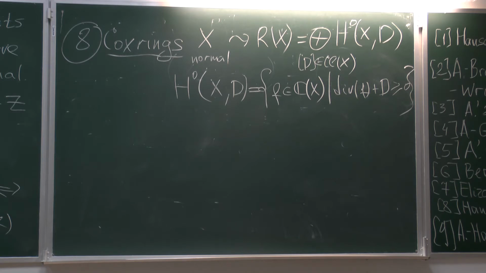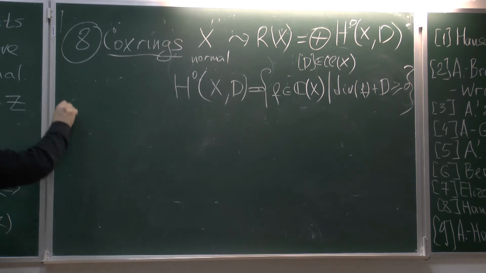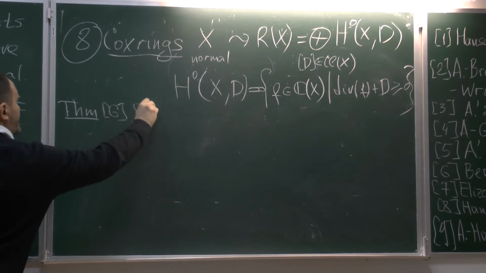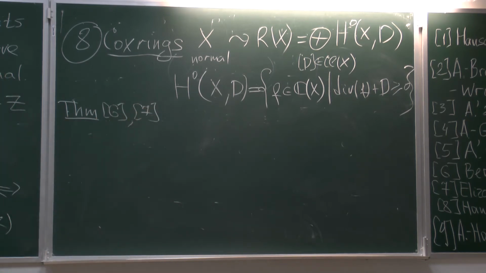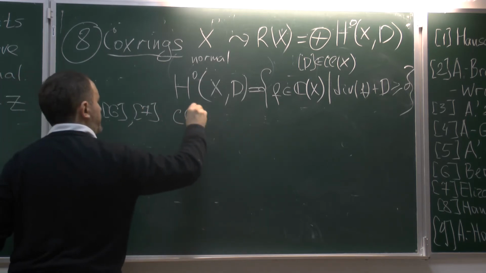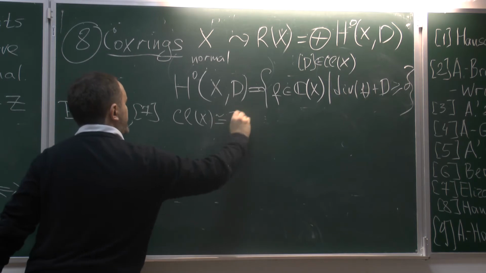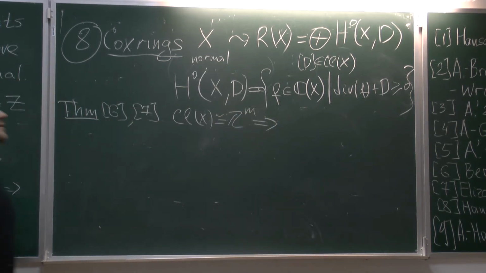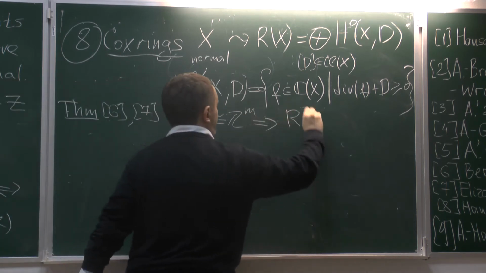And we have such a theorem, which I will mention, papers 6 and 7, say that if the divisor class group is free, if it is a lattice, then the Cox ring is a unique factorization domain.